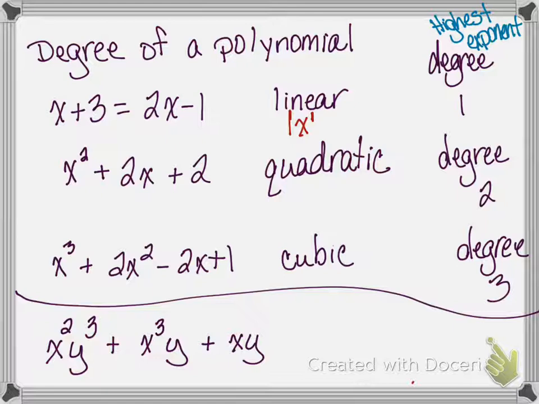Now, do I have a linear exponent in my quadratic also? Do I have an exponent raised to the first power in my quadratic? Yes, I do. Okay, so I've got x squared, which is to the second power. Then I have 2x. That's called a linear term, but it is not used to determine the degree. When we're determining the degree, we look at the highest exponent.